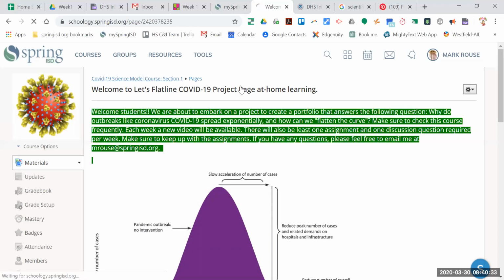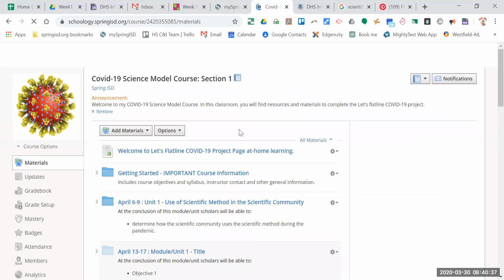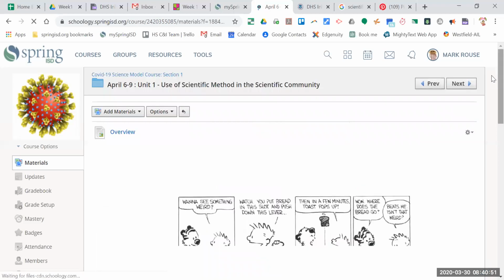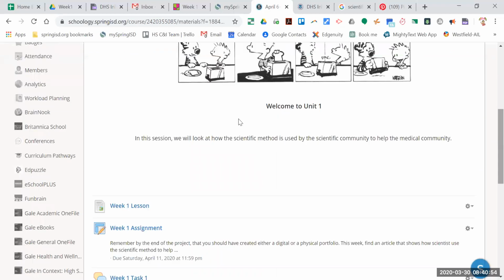And then a little bit about the Schoology course. So here's how the Schoology course looks. Here's some information about us and kind of what we're going to be talking about through the next several weeks. And in each week, there will be a folder. And in that folder, you'll have a couple of things. You'll always start off with what's the objective for the week.